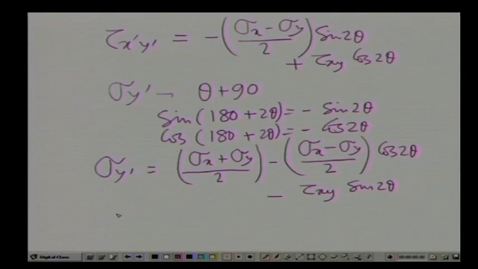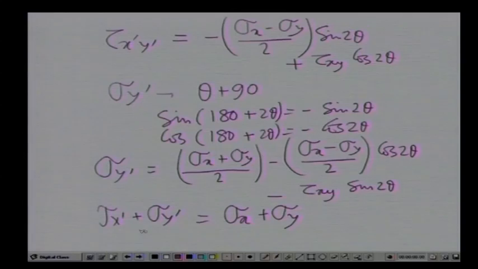Thereby, if we add these two, sigma x dashed plus sigma y dashed, this gives us the value equal to sigma x plus sigma y. If you remember, in the last lesson we had discussed that sigma x plus sigma y plus sigma z is equal to sigma x dash plus sigma y dash plus sigma z dash, which indicates that irrespective of the reference axis system, the summation of these normal stresses is constant, which we had called stress invariants.